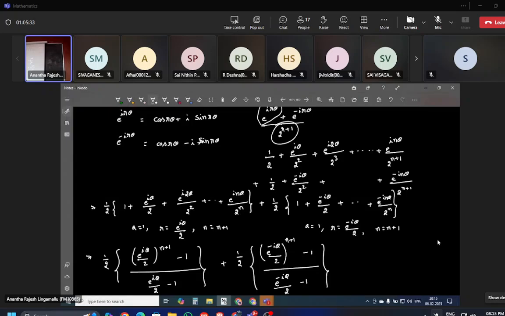You know this denominator: if I put theta equal to pi by 3, e power i pi by 3. What is e power i pi by 3? cos 60 plus i sin 60. That means 1 by 2 plus i root 3 by 2. So 1 by 2 plus i root 3 by 2 minus 1, just simplify. There also you simplify. Okay? It's purely in terms of n only. Apply limit.